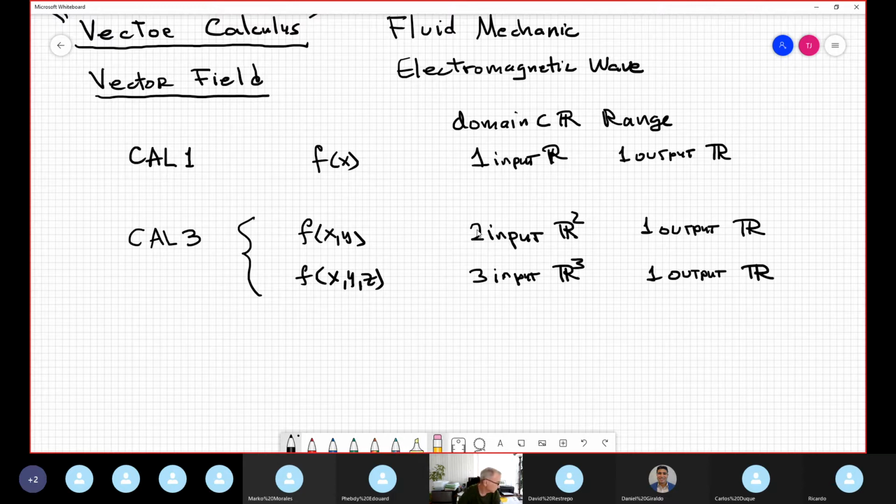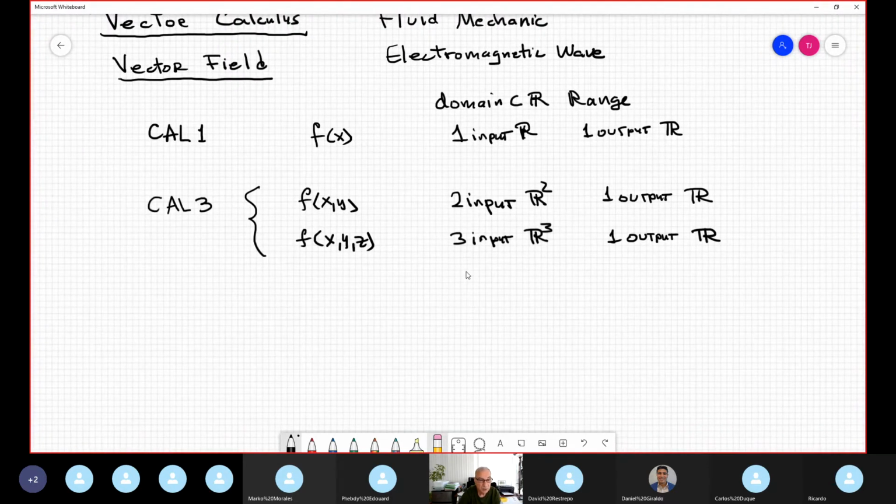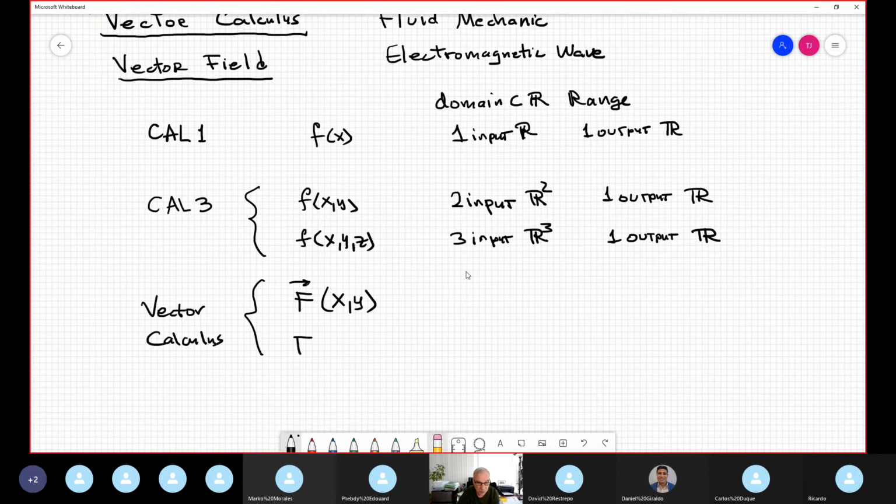This is Cal 3. Now in vector calculus, we are doing something different. We are doing vector fields. Wow, what the hell is a vector field? Well, we have vector fields in 2 dimensions, and vector fields in 3 dimensions.